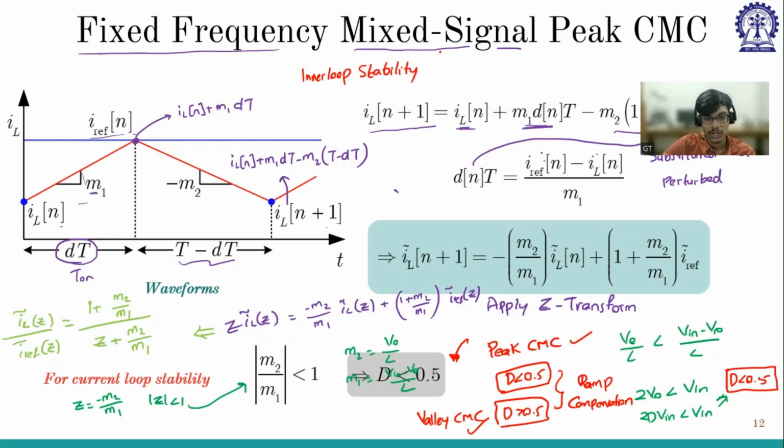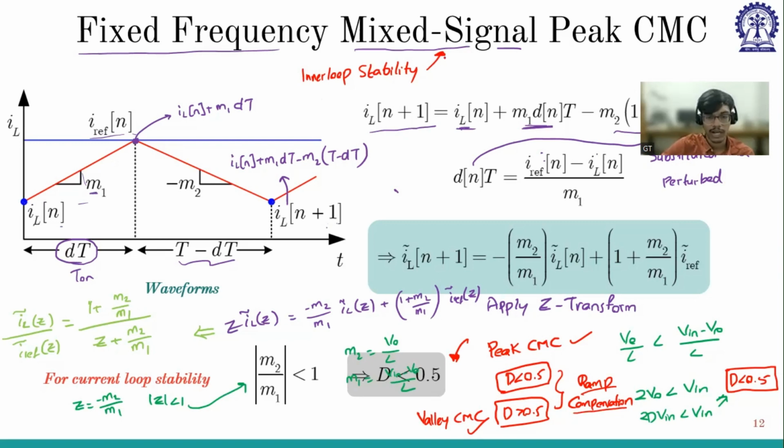So in the case of mixed signal, when you close the outer loop as well, this should be fine, duty ratio less than 0.5. It might not be exactly 0.5, but still we can operate close to 0.5. But if you see the system is slightly unstable, then you need to add small ramp compensation to make it stable. Whereas in the case of fully digital, it will change drastically.